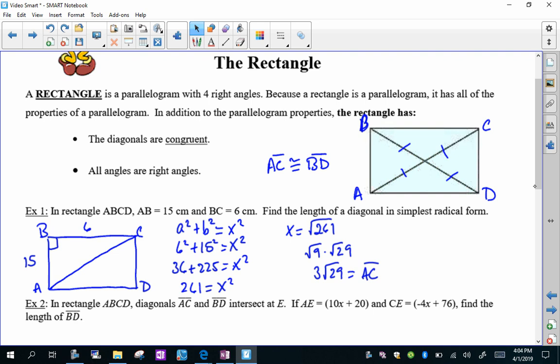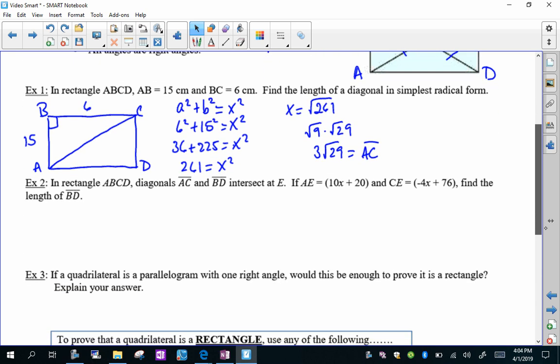Okay, number two. Number two says in rectangle ABCD, diagonals AC, BD intersect at E. All right, so let's just do that right now. Meaning, let's draw it. Around the horn. All right, so I'm going to draw my diagonals.